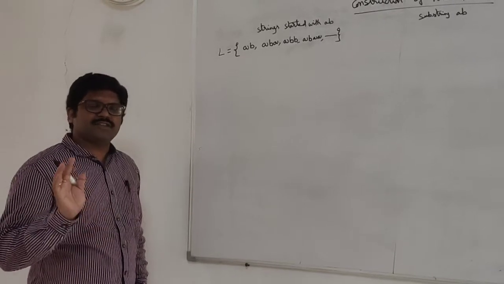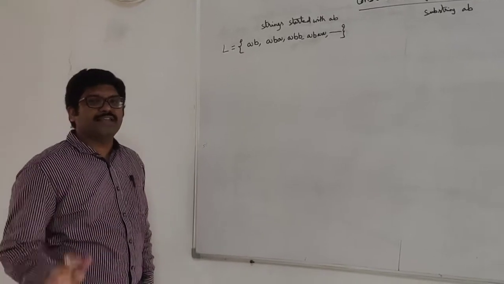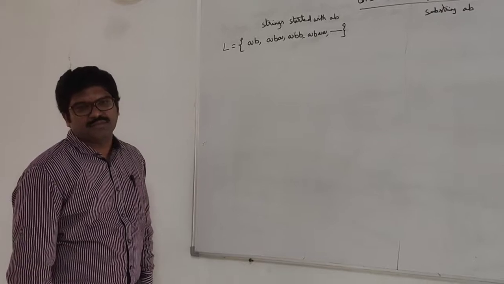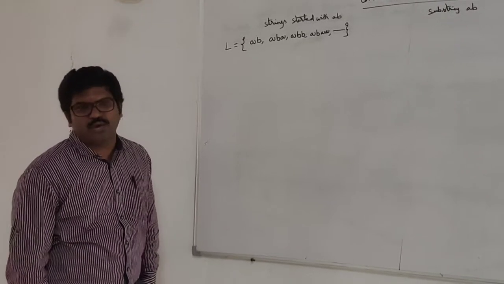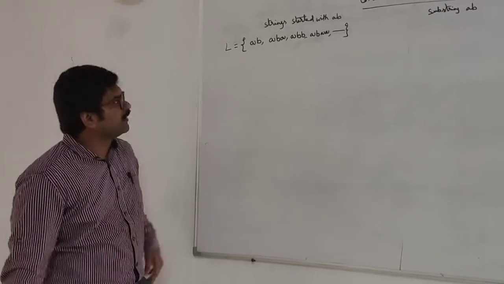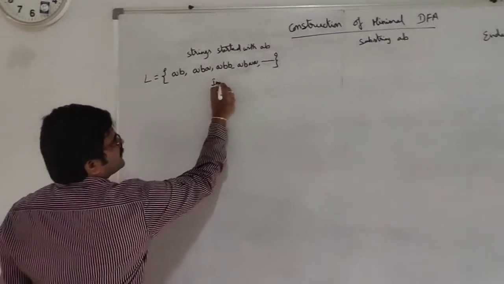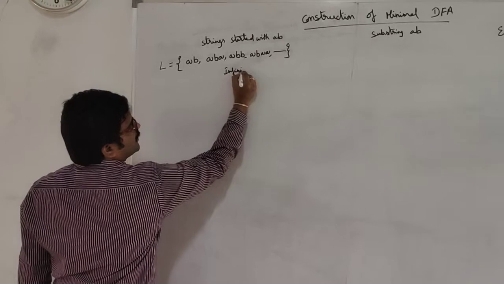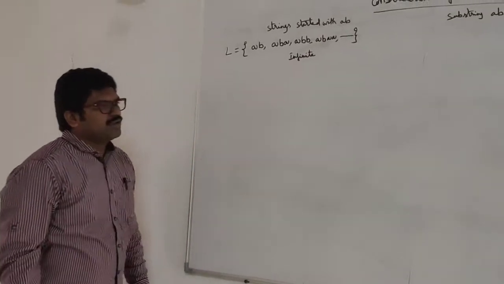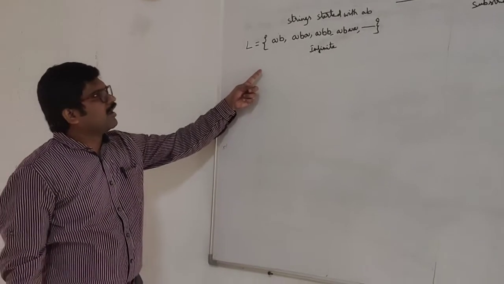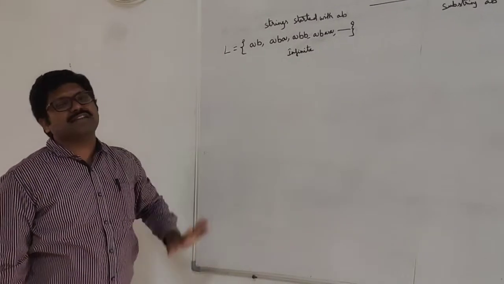If the language is infinite, you need to take the least length string and draw the skeleton of the DFA. Let us see here. This language is infinite, right? Many strings are available in this language. Since it is infinite, we need to take the least length string.